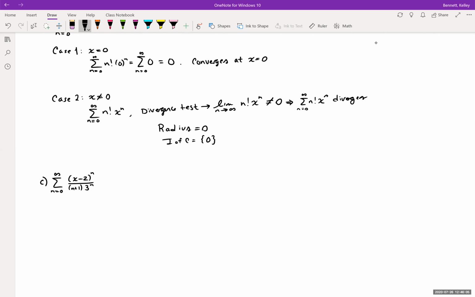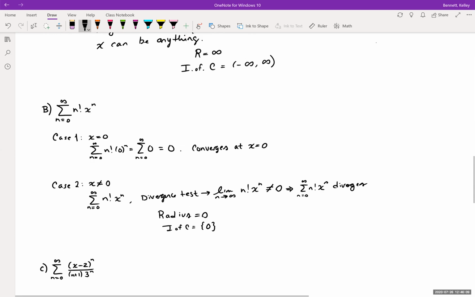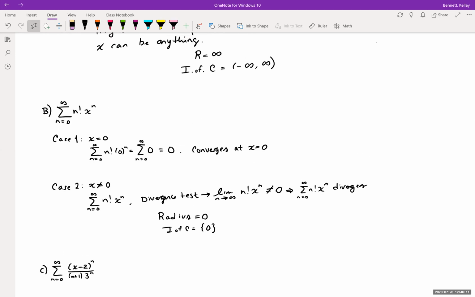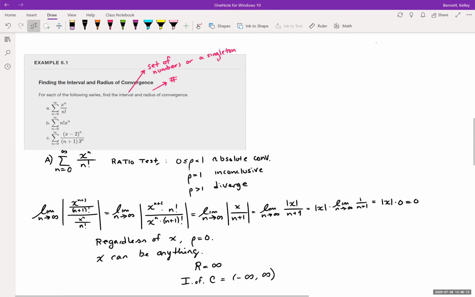And this is interesting because it differs from A and B in that it's no longer centered at 0. So just scroll up to the examples really quickly. So this one is centered at x equals 0, right? This one is also centered at x equals 0. And this one is centered at x equals 2.